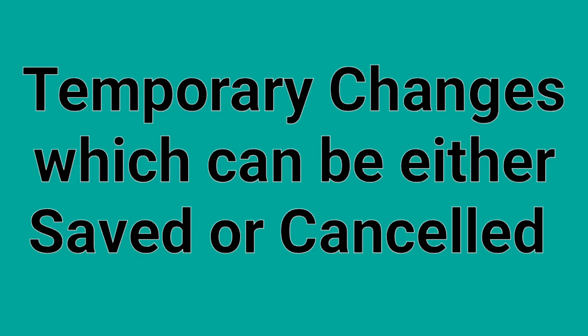So, these changes would not be done permanently, but they would be recorded. If they are confirmed, these changes can be done permanently or they can be undone. This is called recording the changes.